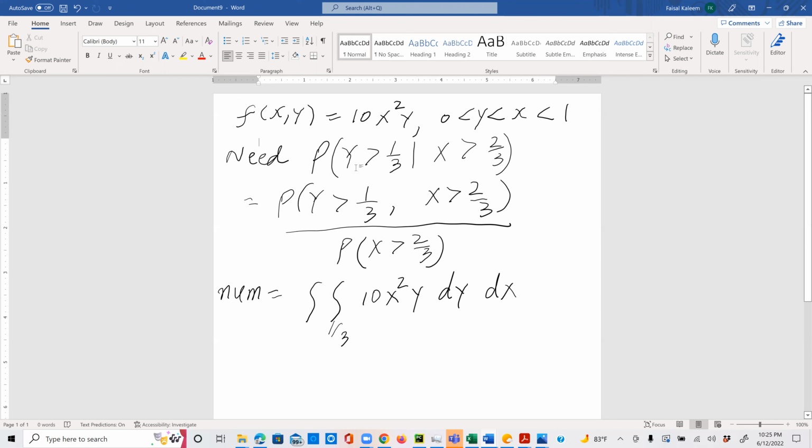So our only restriction is it's greater than 1/3. Normally y's maximum range is 0 to x, but in this case we are not starting at 0, we are starting at 1/3. So it would go 1/3 to x.